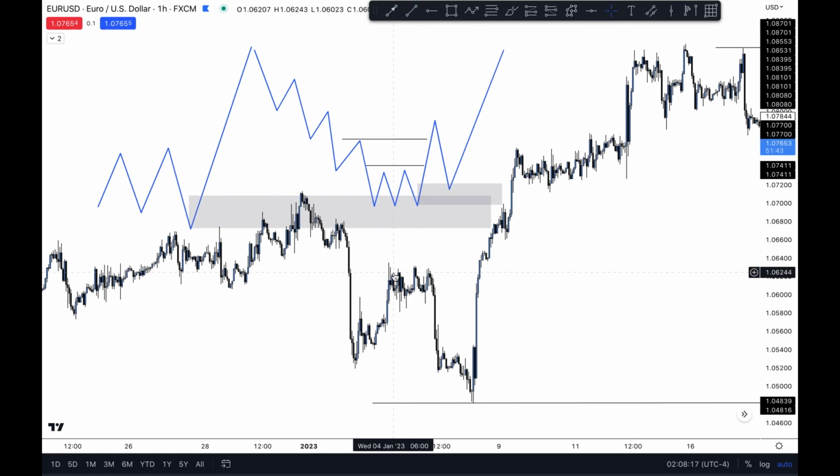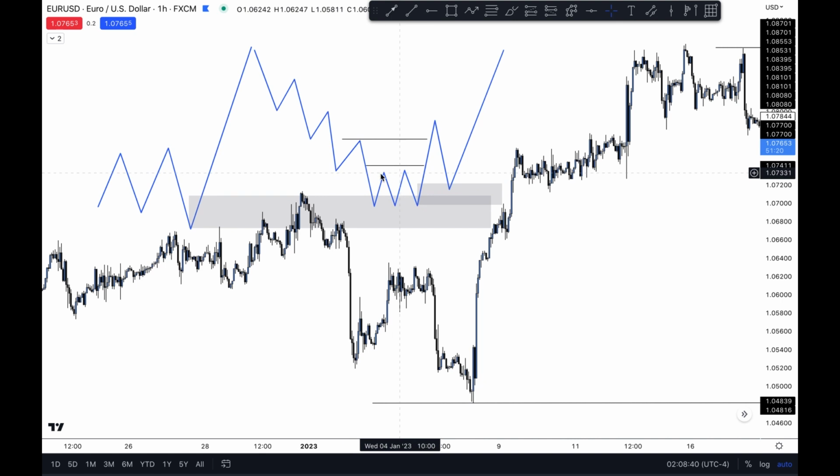So you need to decide whether you want to wait for this external structure to be taken out, or if you just want to wait for the internal structure. Internal structure is structure that has not made a new low or a new high, depending on which way you're taking the market. See how this high right here broke through this low, created a low right here, and then price stayed inside of that low.